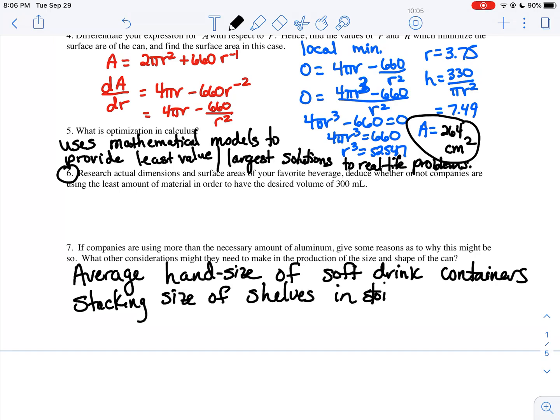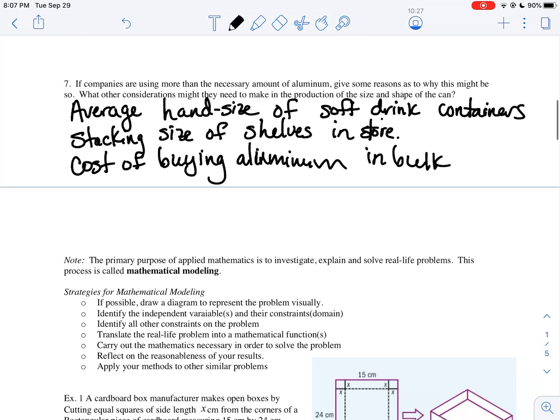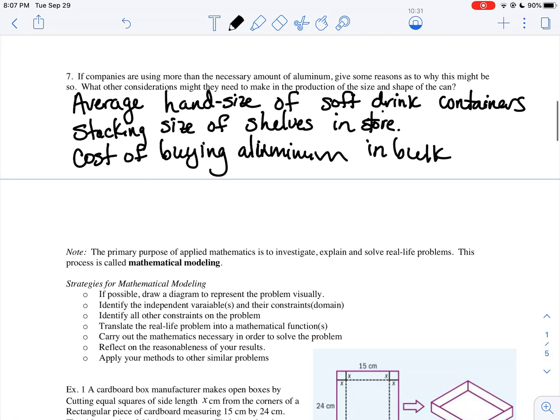Maybe they have to fit something like that. Maybe you need to consider the cost of buying aluminum in bulk. Maybe a company can reduce their cost. All right, just those are a few, and you might be able to come up with some of your own.